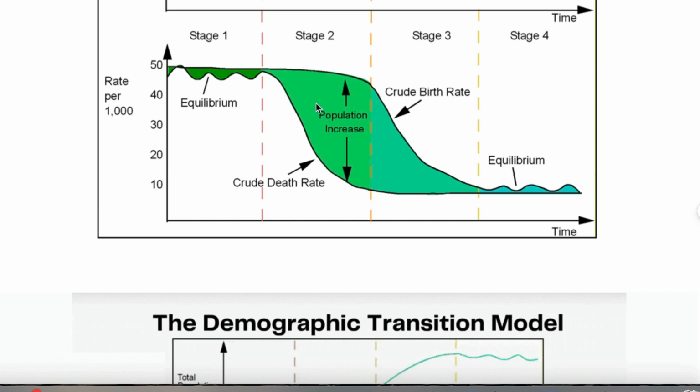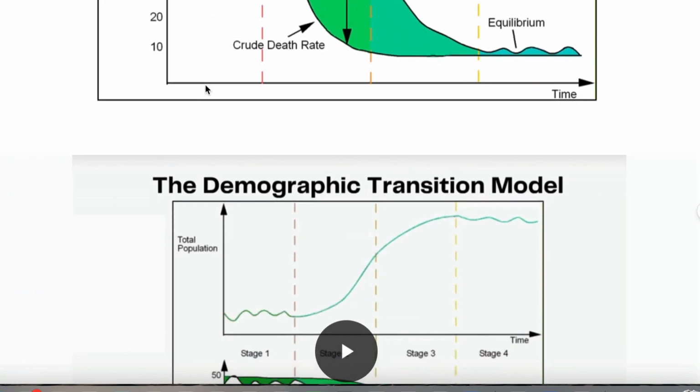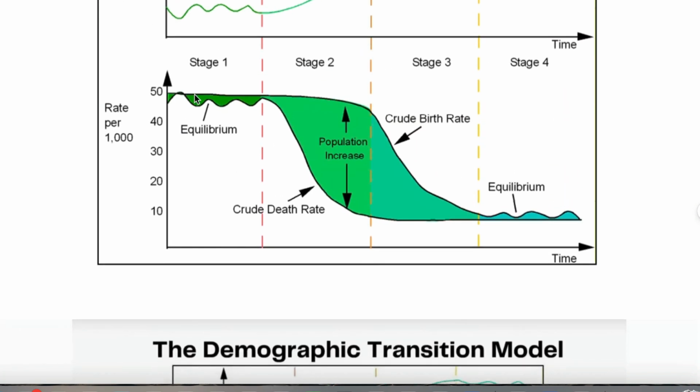So now if we're to look specifically at the demographic transition model graph and see why population increased the way it did in these different stages, we can see that stage 1 has very high birth rate and high death rate. So overall, there's not a lot of growth because a lot of babies are being born, a lot of babies are dying.